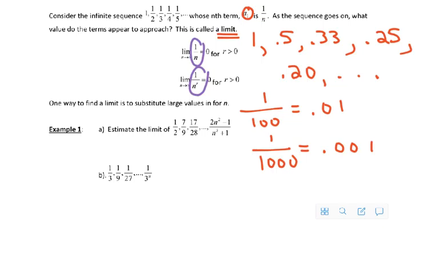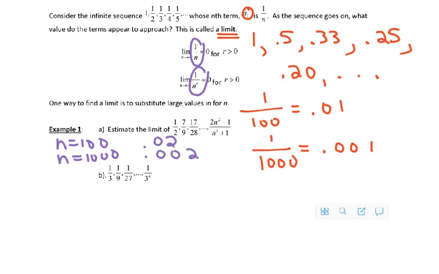So in order to determine what's happening, let's try plugging in a big number for n, like 100, or 1,000, or 10,000. I like to pick multiples of 10. So if I pick n is 100, and I plug it in and evaluate that expression, I get approximately 0.02. If I plug in n is 1,000, I get approximately 0.002.